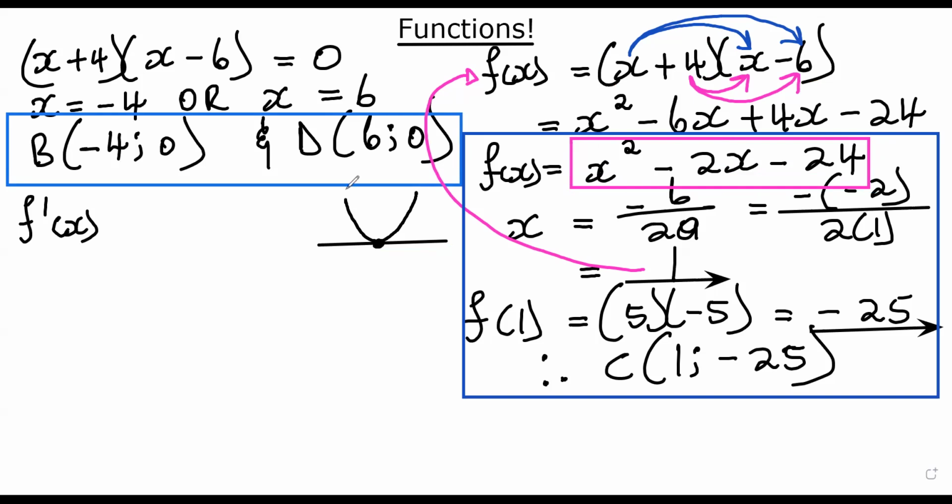So now you'll come and say derivative of x squared is going to be 2x, and derivative of negative 2x is negative 2. Negative 24 is just a constant, and the derivative of a constant is 0. And then you equate your derivative to 0, and then you solve for x, right?